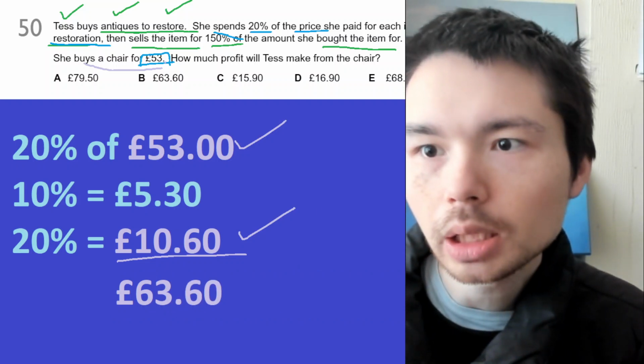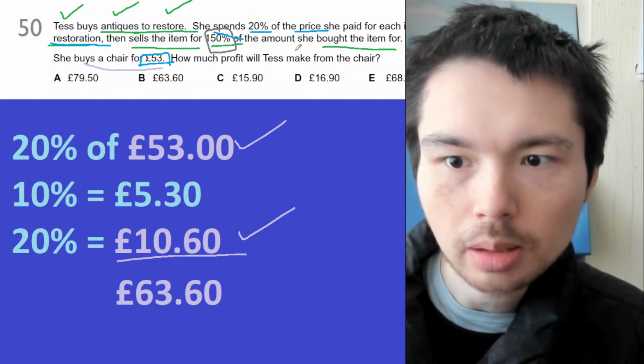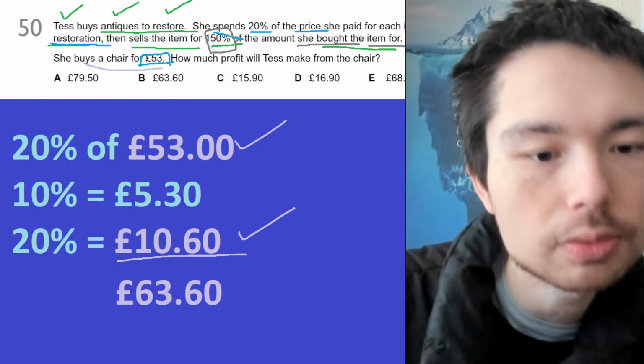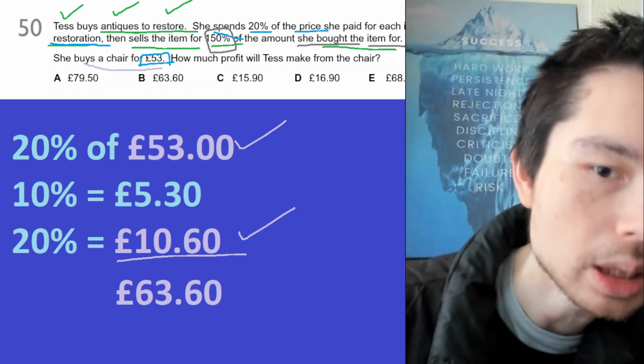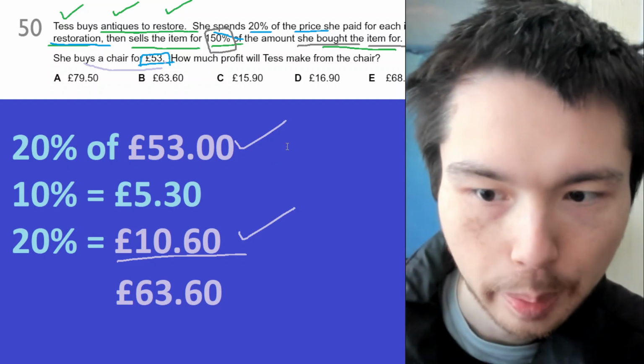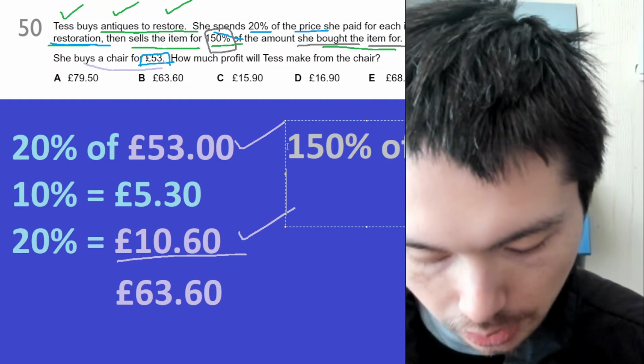From this number, it is 150% of the amount she bought. So this is a long percentage question. No wonder it is the final question in the test. We will now work out 150% of that item. £63.60.